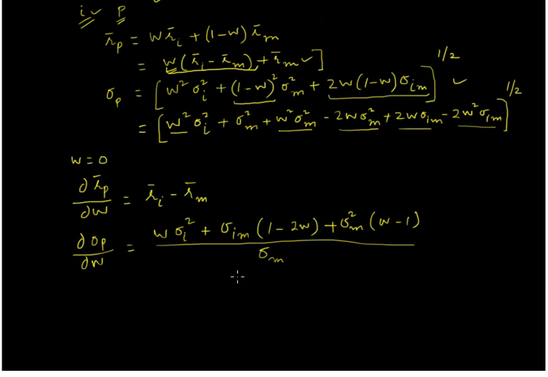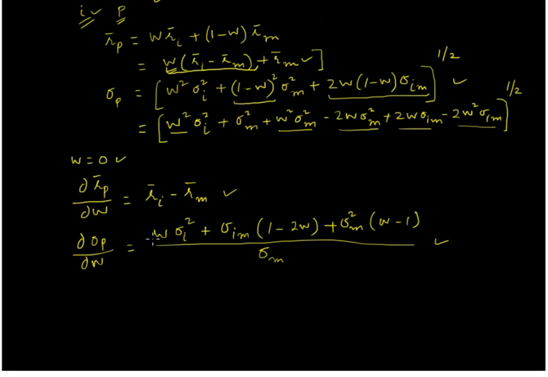Alright, so let us evaluate our position from the original position where W was equal to 0. If W is equal to 0, then this item is going to remain unchanged. We are simply going to have Ri bar minus Rm bar. There is no W item here, so this remains unchanged. What happens to this item here, the change in risk?